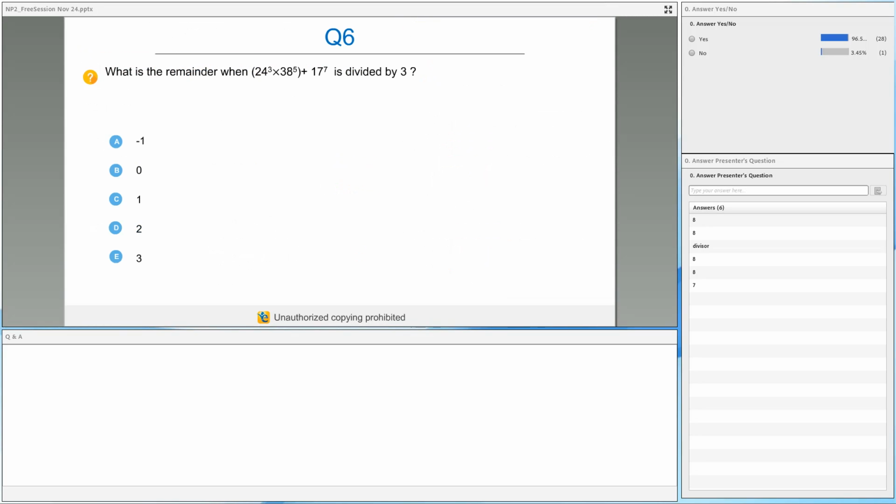Now using this principle, try and solve this question. See if you can do it or not.